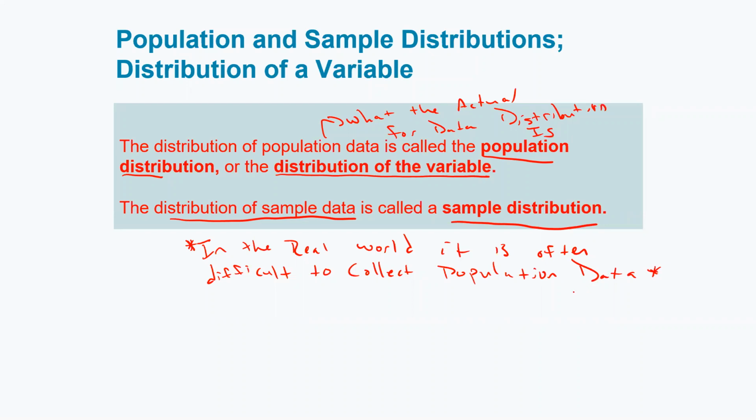For example, suppose the government wanted to estimate how tall adult males were in the United States. Do you think it's possible for the US government to contact every single adult male in the United States and ask them how tall they are? Yeah, there's just no way they could do that. It's too time consuming, too expensive. So absolutely, Pamela, no, they cannot.